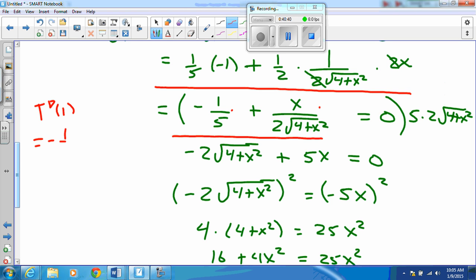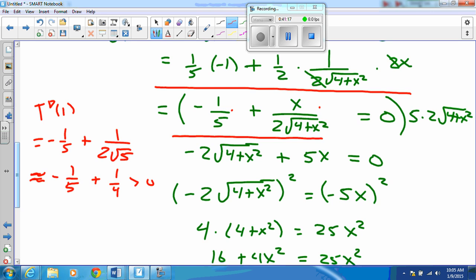When I plug in 1, t prime of 1 is negative 1/5 plus 1 over 2 root 5. It's not exactly obvious, but 2 root 5 is going to be a little bit larger than 4, because root 5 is a little bit larger than root 4.